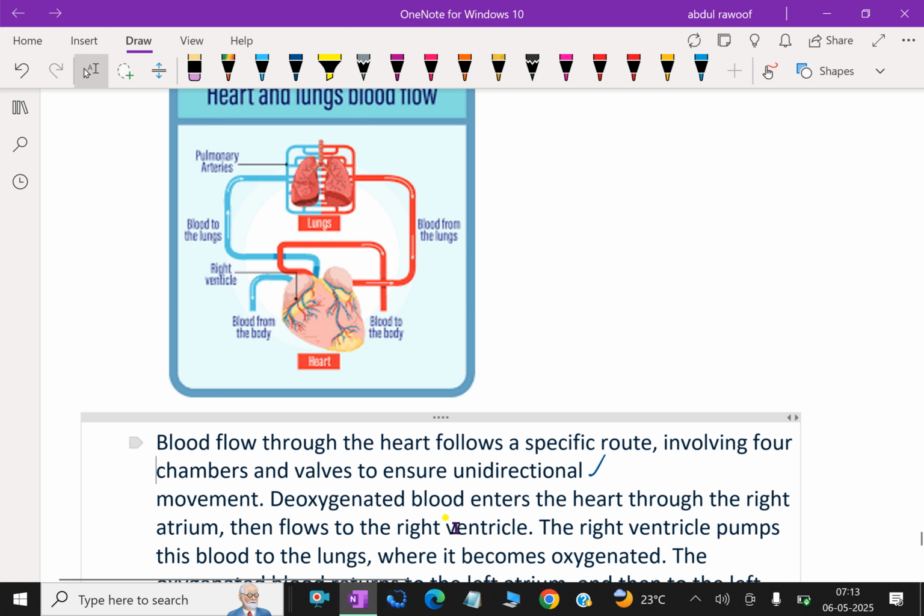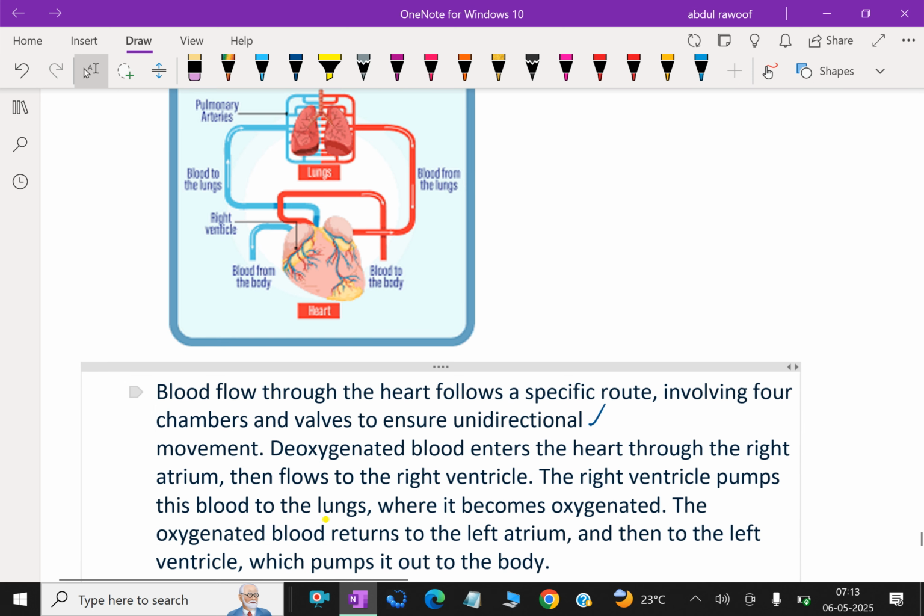First, deoxygenated blood enters the heart through the right atrium, then flows to the right ventricle.